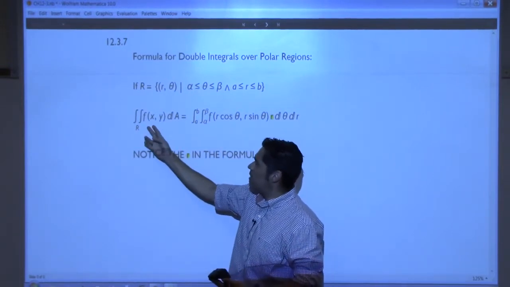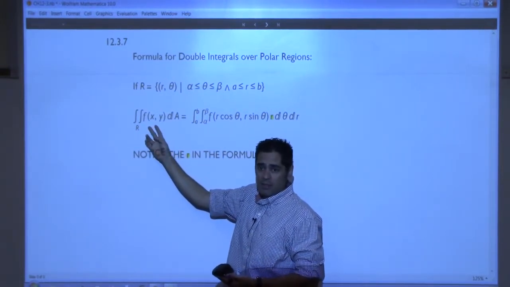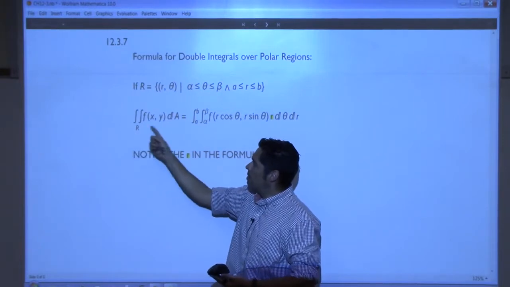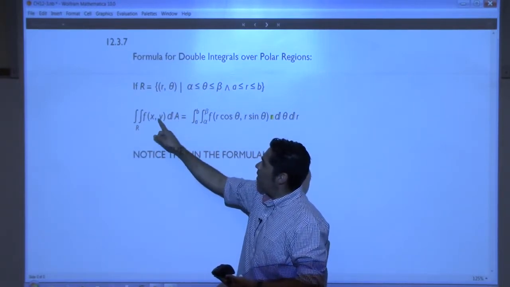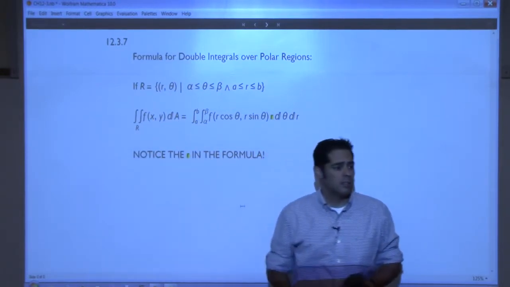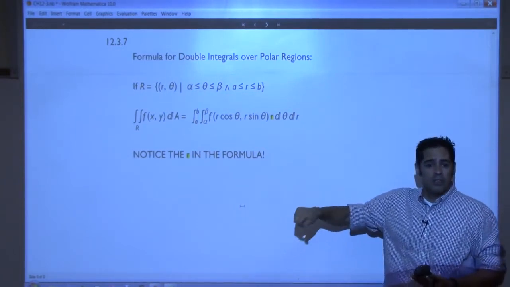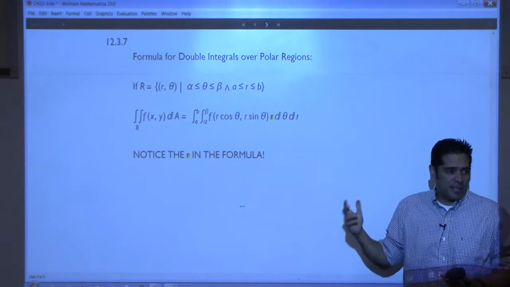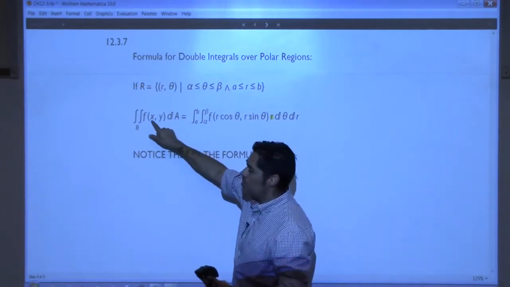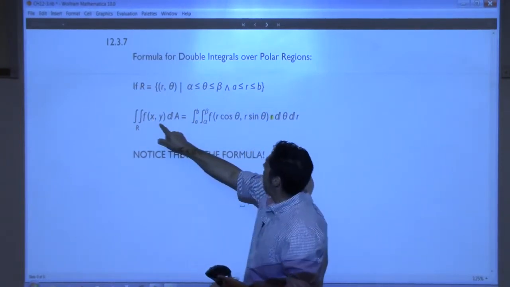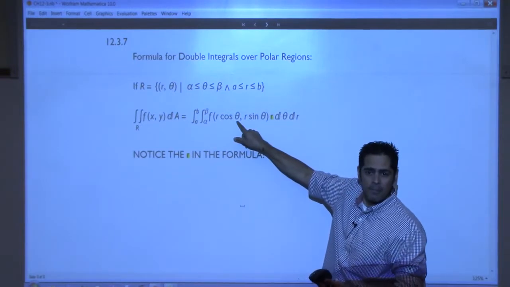It's still the double integral that we had last class over R with respect to area, but I'm going to change x over from Cartesian to polar. And we said that the relationship between x and polar is that x is equal to r cosine theta, isn't it?